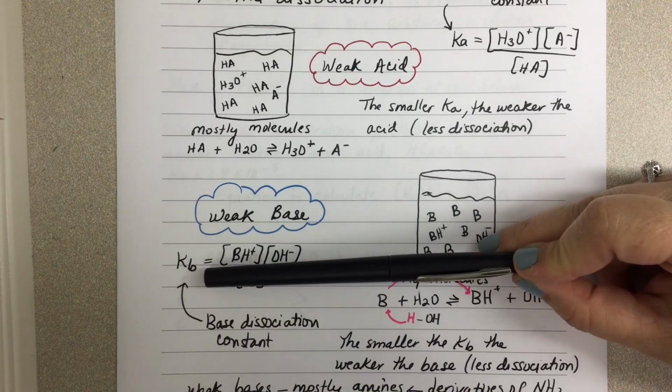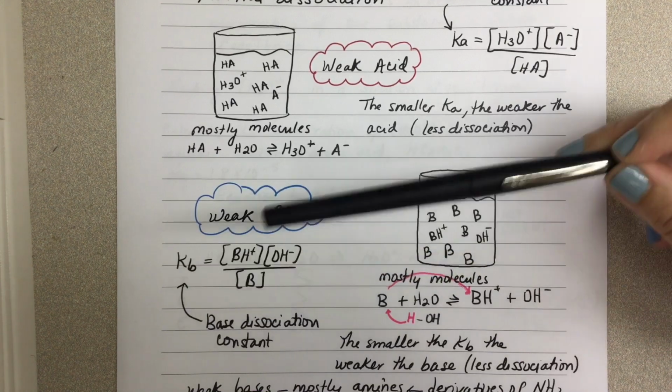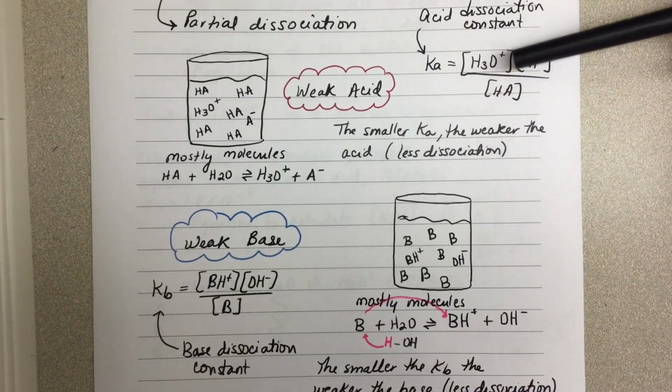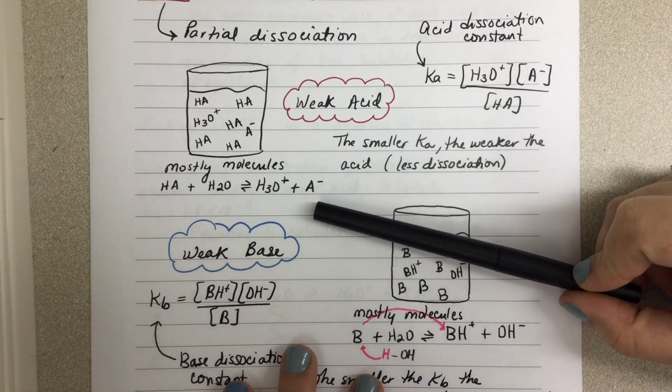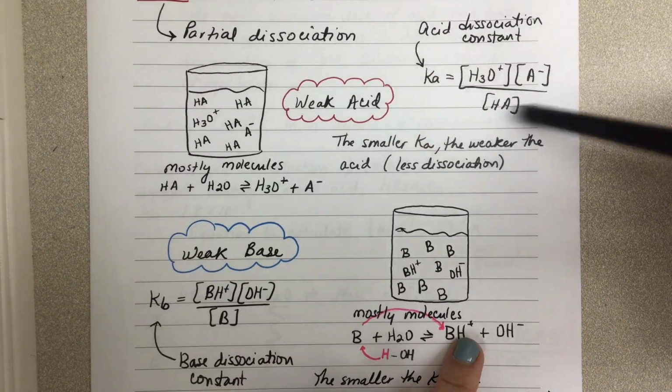You have Kb, and Kb is your equilibrium constant for the dissociation of a weak base. You don't have an equilibrium constant for a strong acid or a strong base because you don't have an actual equilibrium.